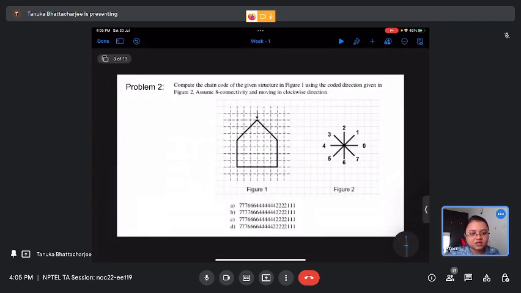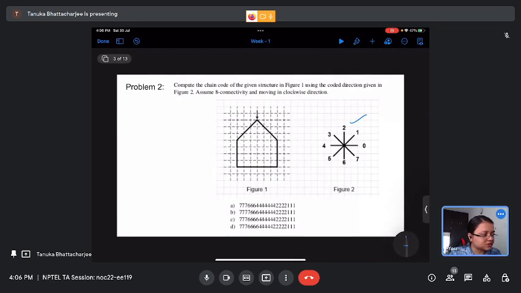In problem 2, we are focusing on one particular type of boundary based feature, which is the chain code. We have been given this object, particularly the boundary of that object, and we have to derive the chain code for this. It has been said in the question that we have to assume 8 connectivity. The connectivity directions are given in this figure.